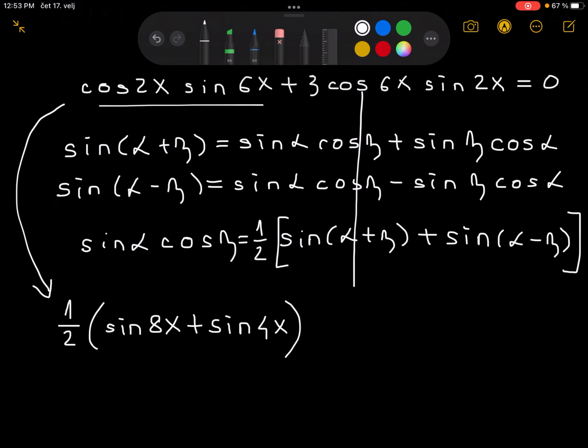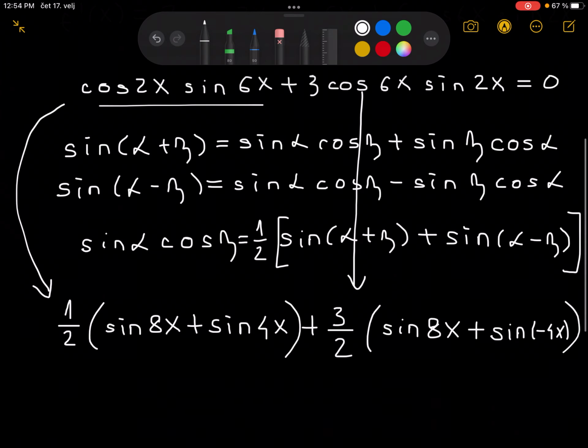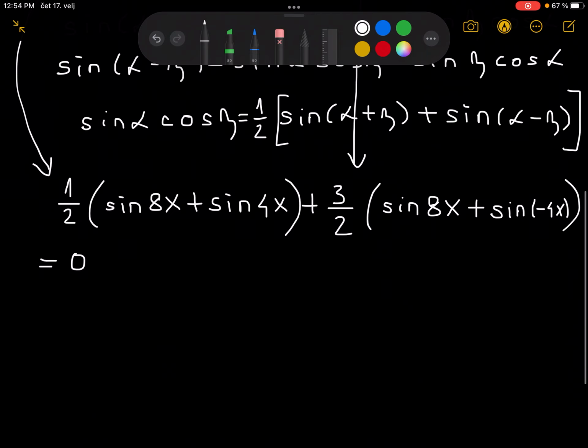And the second expression can be rewritten as plus 3 over 2 times sine of alpha, and alpha is 2x in this case, plus beta. So sine of 8x plus the sine of 2x minus 6x, which is the same as the sine of negative 4x. And this, of course, must be equal to 0.